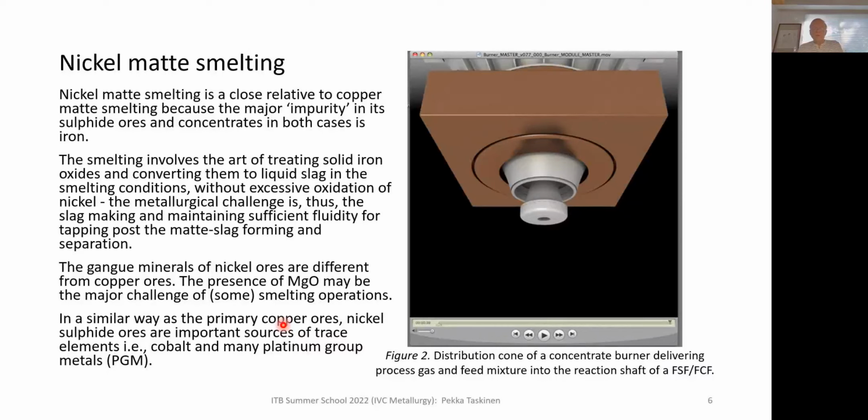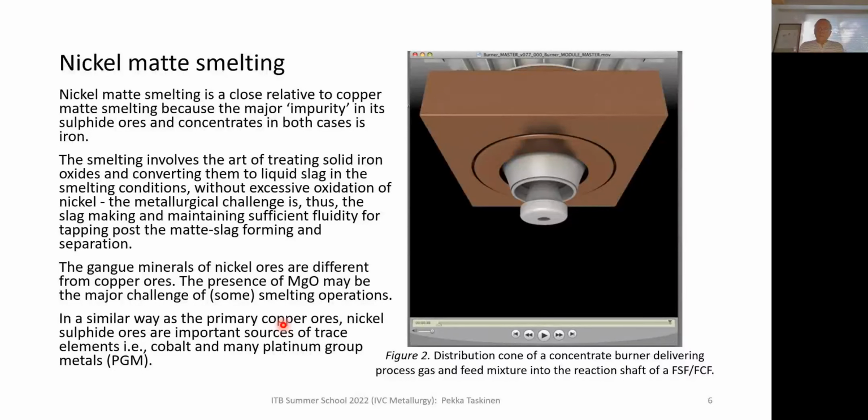So cobalt is even closer to iron, and that means that excessive oxidation of nickel can happen in smelting conditions if the process is not controlled properly.